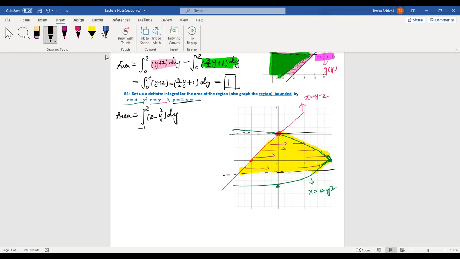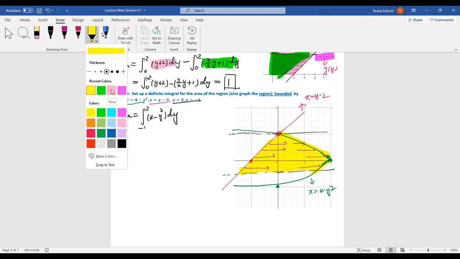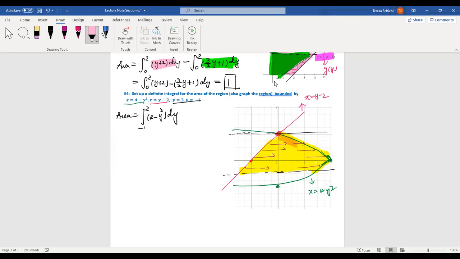So which area are you integrating here? Let me get rid of the yellow, so maybe now you know what the yellow is looking for.